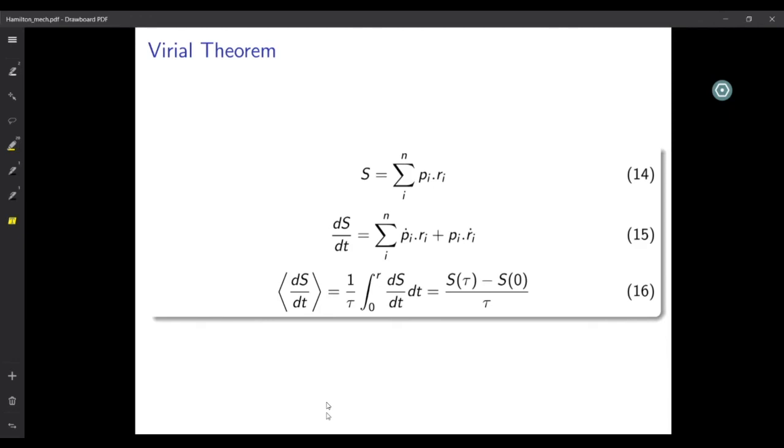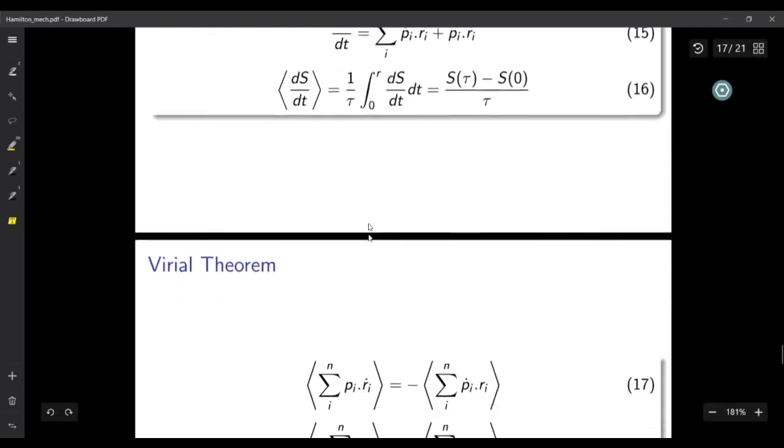Why does it tend to 0? Because if S of tau minus S of 0 is bounded, it can't extend to more than, let's say, a finite value. But the time interval we can increase as much as we want. So by making the time interval large enough, we can essentially make this entire term negligible, right?